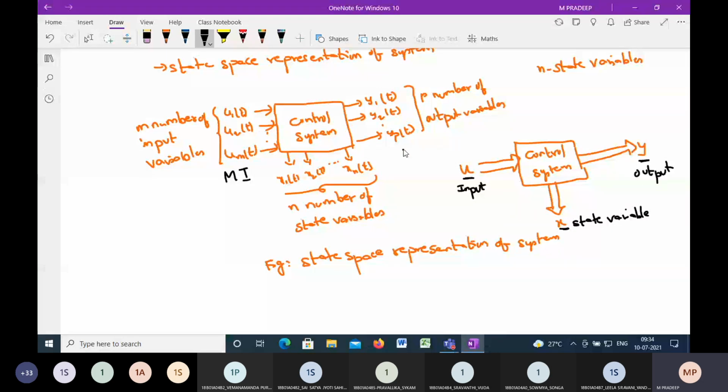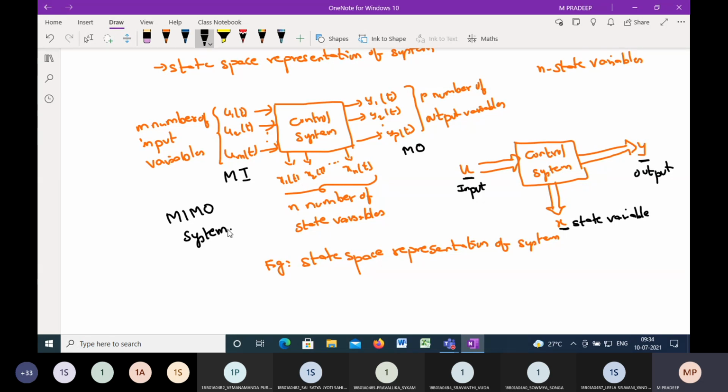If we consider more than one output, we call it multi-output. Therefore the total system is a multi-input, multi-output system.